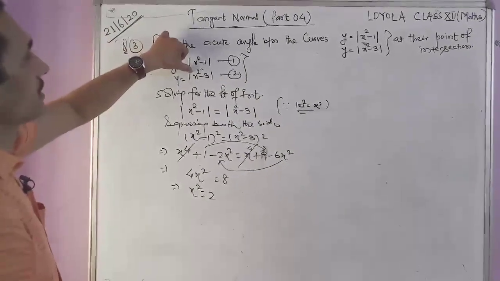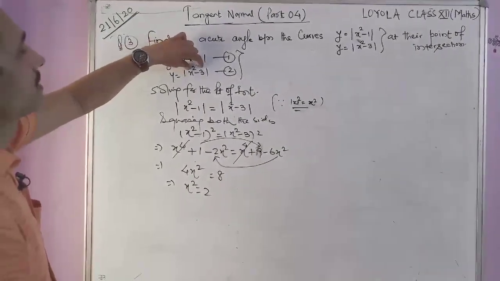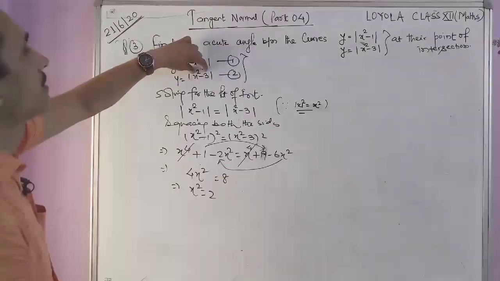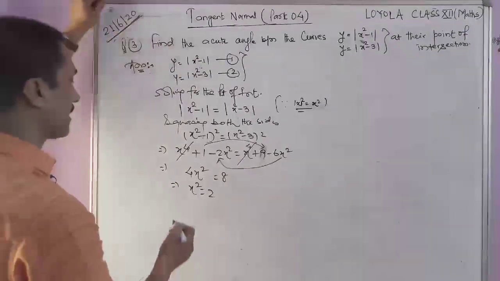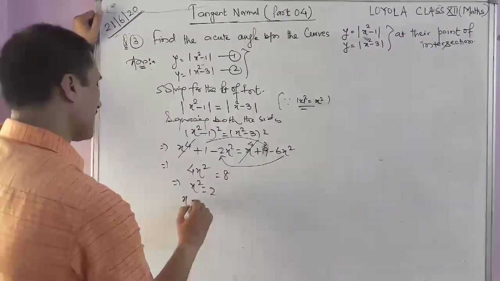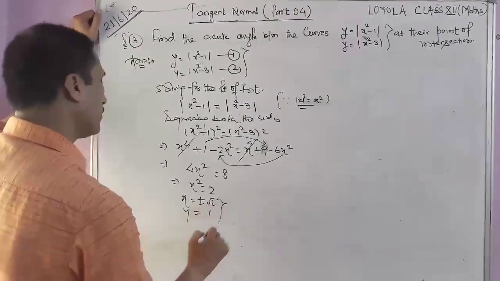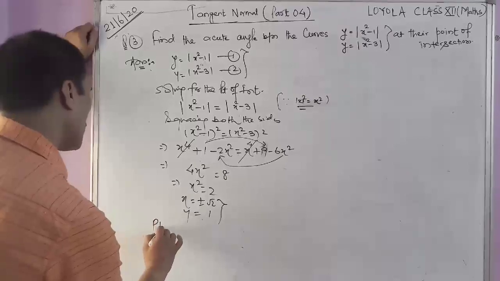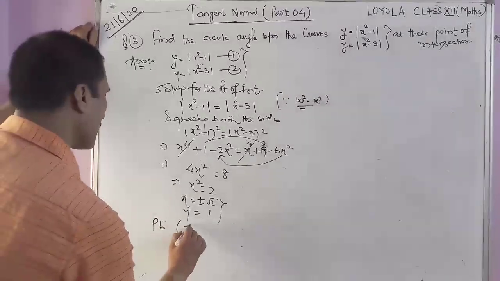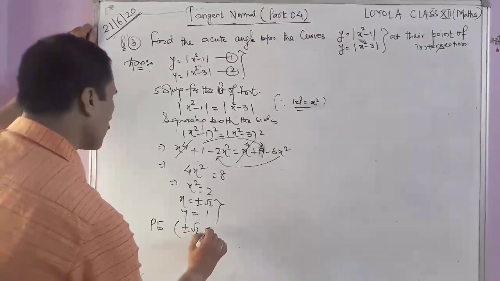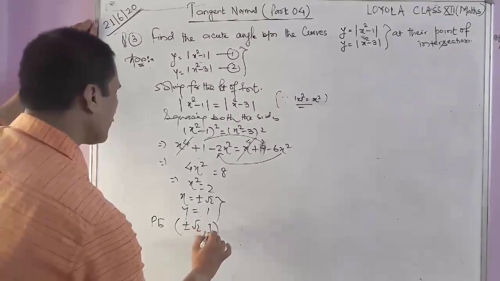Using this in any one, x square equal to 2, so y equal to modulus of 2 minus 1, that is y equal to 1. x square equal to 2, x equal to plus minus root 2, y equal to 1. So the points are (plus minus root 2, 1).